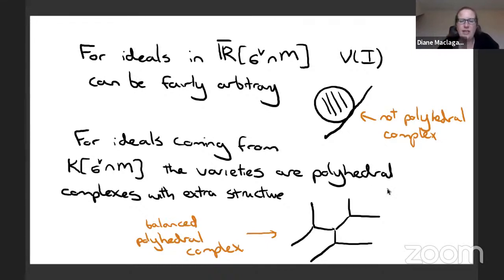When you do that, the varieties you get are polyhedral complexes with extra structure. This extra structure is what's called the balancing condition. If you've seen any pictures on tropical geometry, you see pictures like this: a polyhedral complex, so a union of polyhedra glued together in a nice fashion.